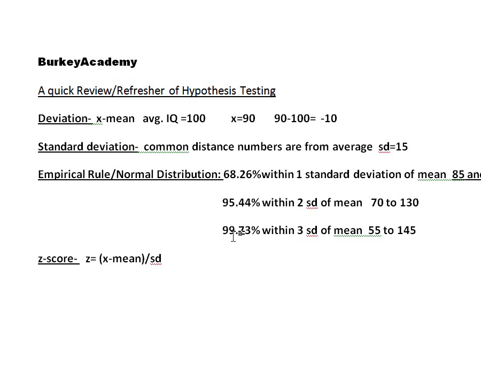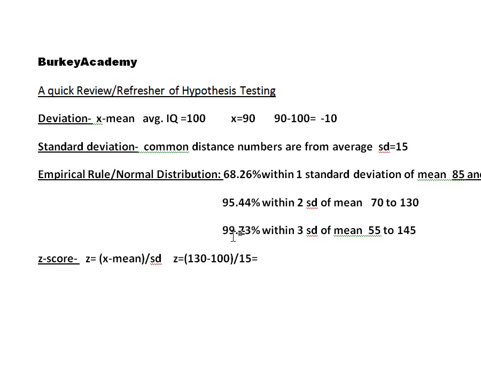Let's use an example. Suppose my IQ was 130. That's x. So a Z-score for me would be 130 minus the average, which is 100, divided by a standard deviation, 15.